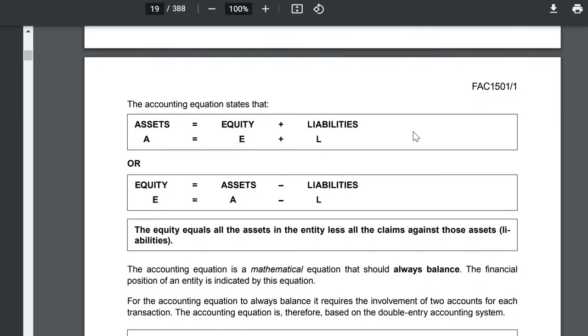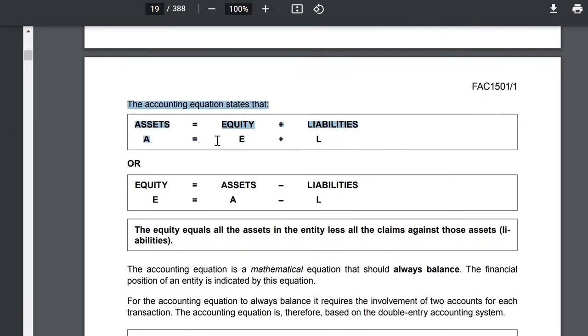Sorry, can you please repeat? When you do the accounting equation, income will always increase equity. So when income increases, it will increase equity. And when expenses increase, they will decrease equity. I'm going to repeat that again.